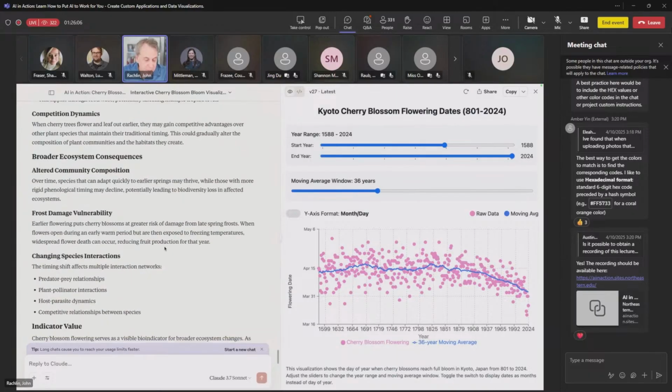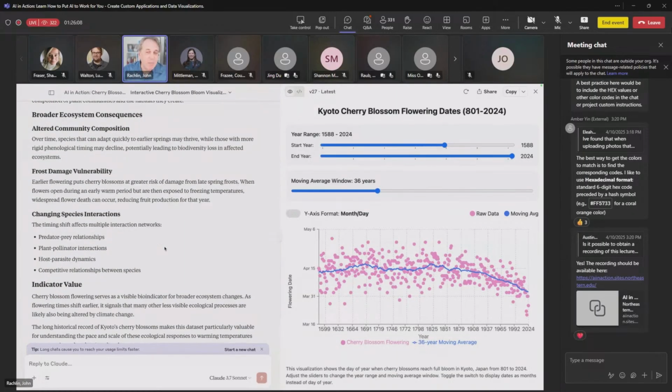And so using Claude to help us understand the significance of the data, and to be able to talk to Claude about it, I think is quite compelling.